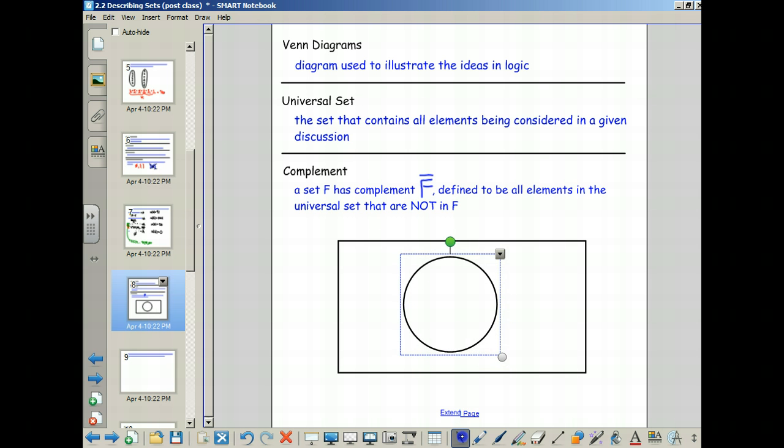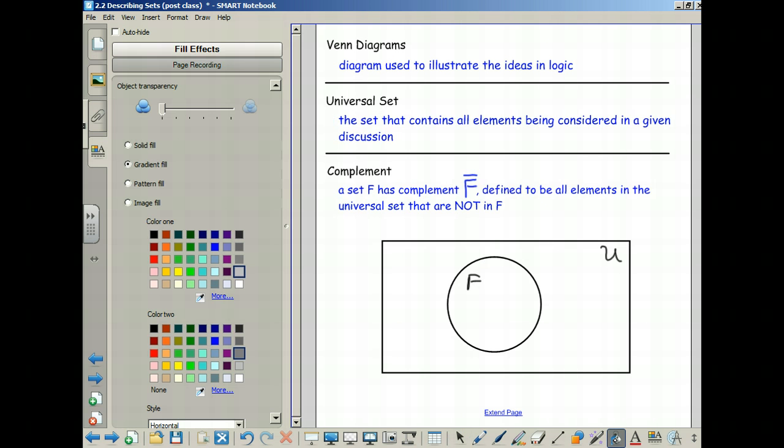So I've got a circle inside. This box, the rectangle, is the universal set. So everything inside the universe, of whatever description we're talking about, lies inside the rectangle. The circle, let's call this set F. That would be set F, just the part in the middle.